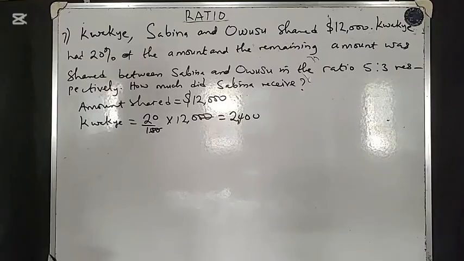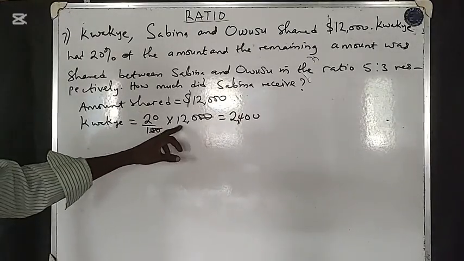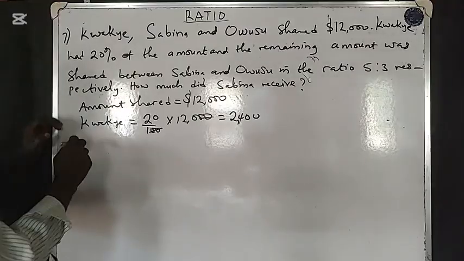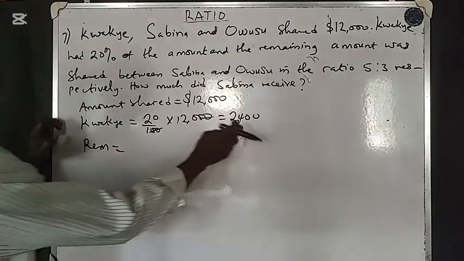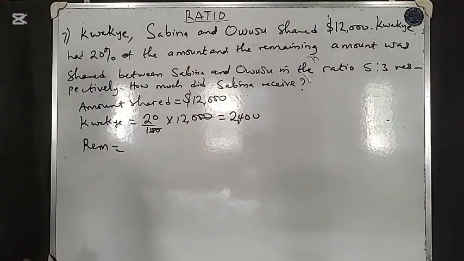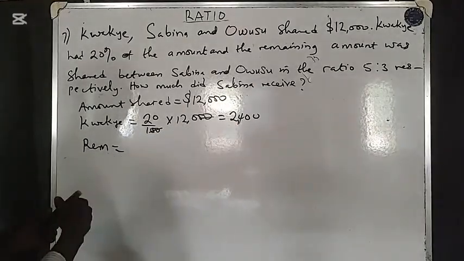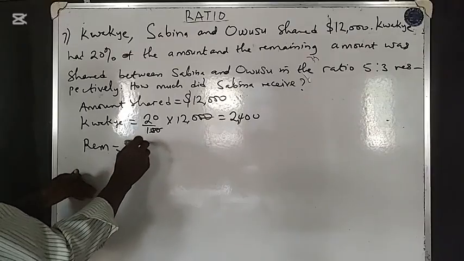Kwakye got $2,400. 2 times 12 is 24, 2 zeros, yes. Now, we are told that the remaining was shared. What is the balance? What is the remainder? If you remove 2,000 from 12,000, remain 10,000, right? Remove 400 from 10,000, it will remain 9,600.